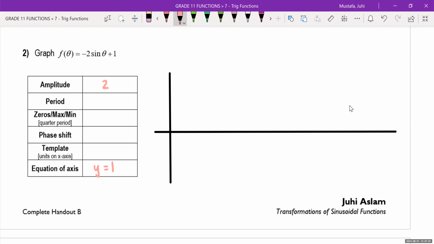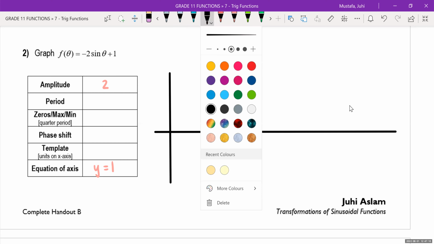And then with that information, I actually start by putting in values on my y-axis. Okay, so I know the graph begins at 1, it goes up 2 units from there, and then it goes down 2 units from there. So I have to go all the way to 3 and all the way down to -1.